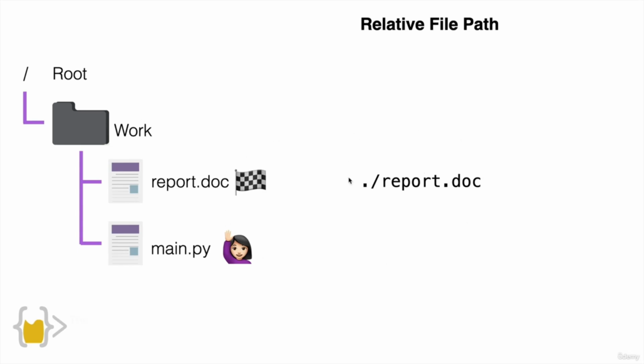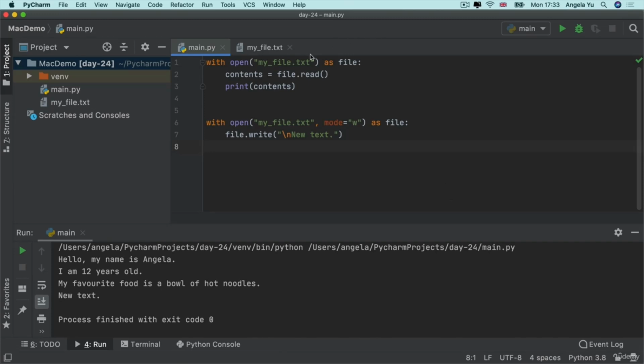Now, when you're using relative file path, you can use this /, but you can also shorten it and get rid of it as well. This is why we've been able to open this myfile.txt, which is in the same folder as my main.py. And notice how these two files are at the same hierarchical level.